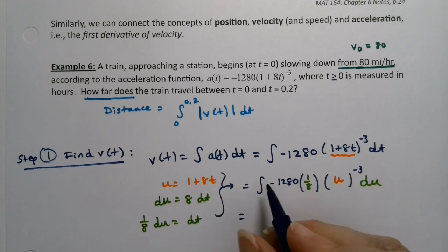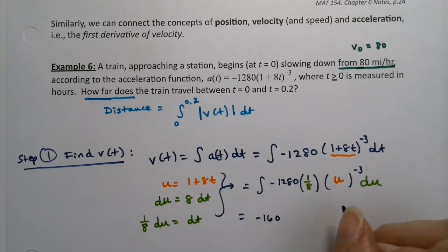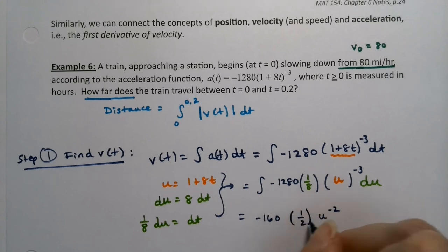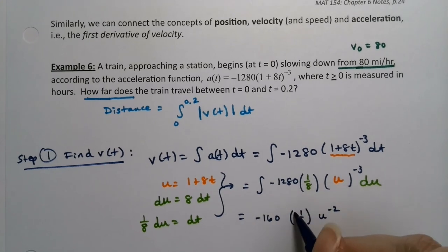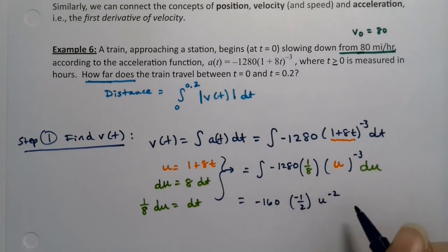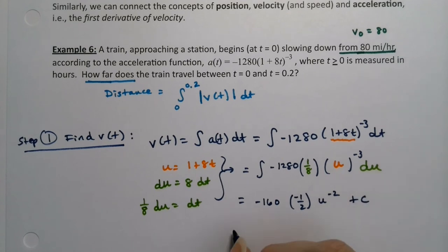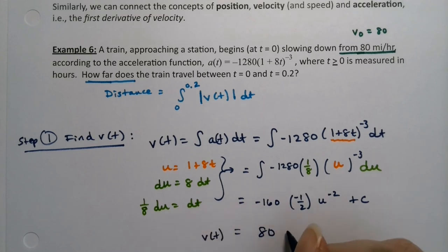So this is negative 160, and then the integral of u to the negative 3 would be u to the negative 2 times negative a half, because you always multiply by 1 over the new power, plus c. So that would be 80 times (1 plus 8t) to the negative 2 plus c.